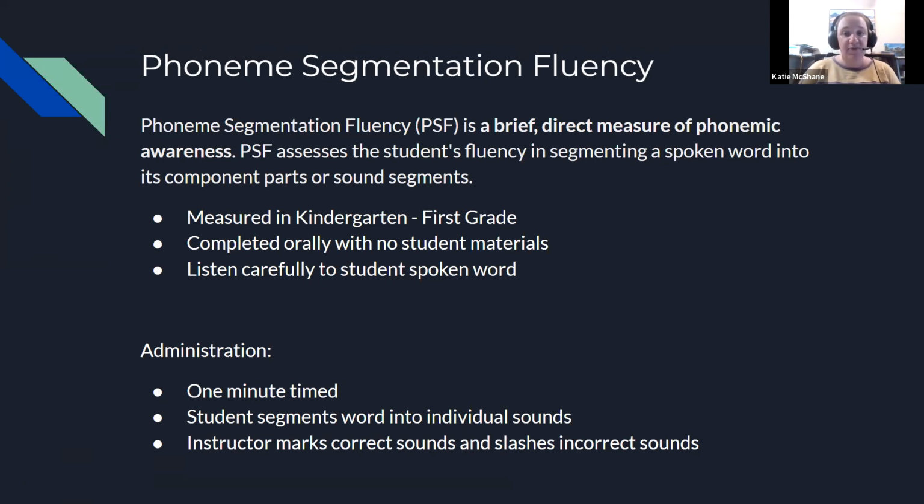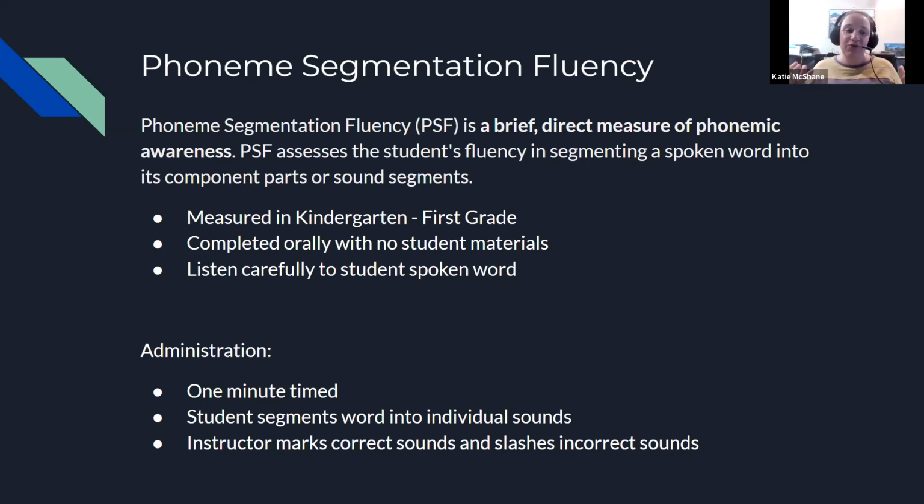This is a brief measure of a student's phonemic awareness, and it measures the ability to segment spoken words into sounds. A student would be dictated a real word and asked to segment the word into its sounds. For example, if I dictated the word cat, the student would be asked to say k-a-t.